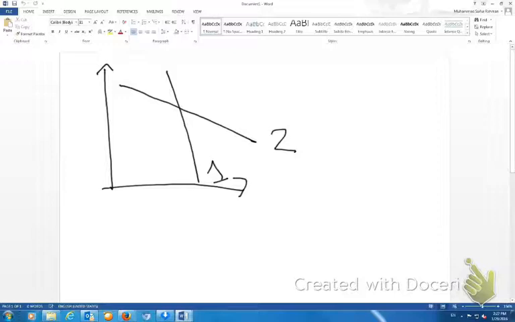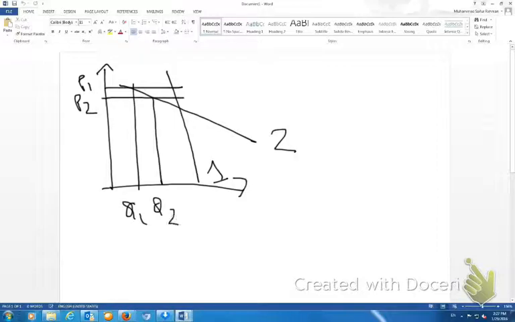Because as you can see, for the same change in price, let's say from P1 to P2, the percentage change in quantity demanded under 2, let's call it Q1 to Q2, is going to be more than the percentage change in quantity demanded under 1, let's call it Q3 and Q4. So we see immediately that demand curve 2 is more elastic.